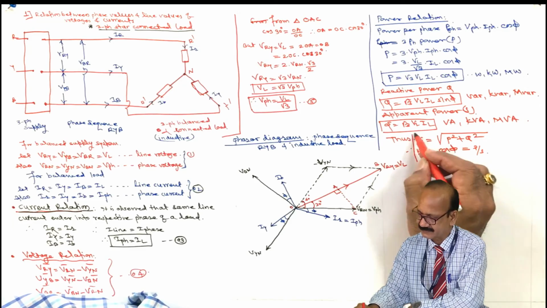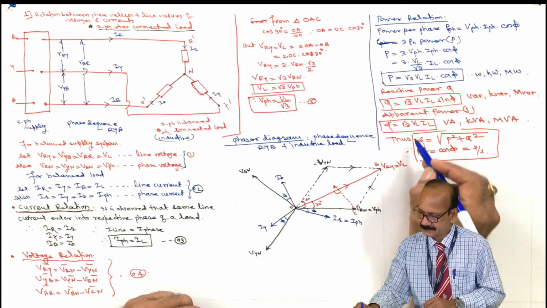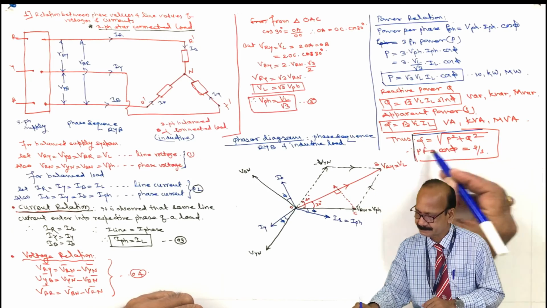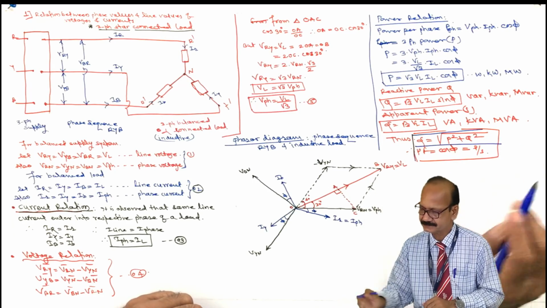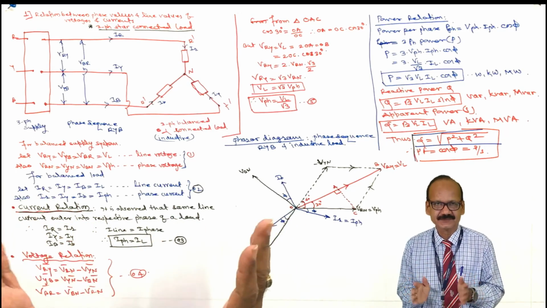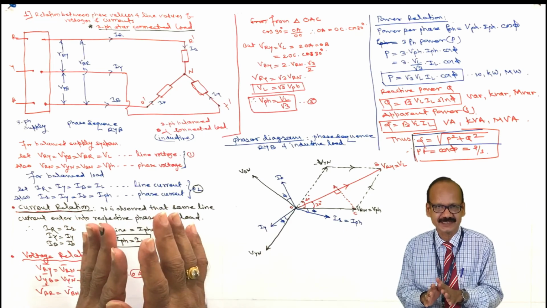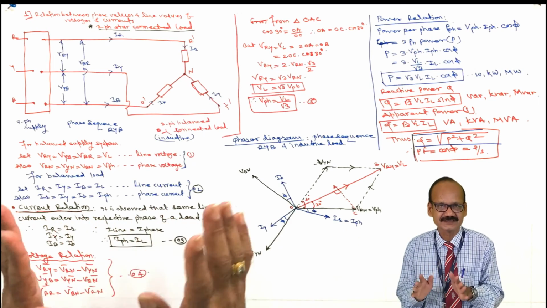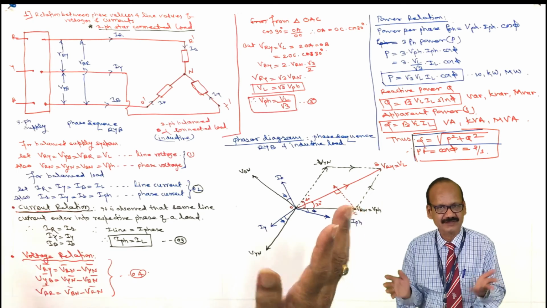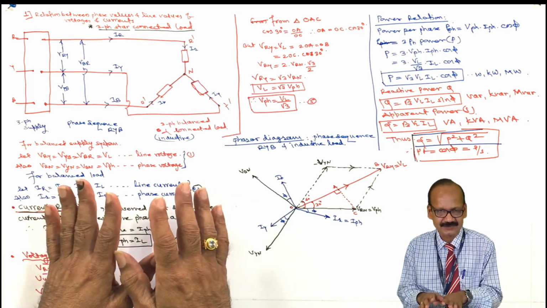So in this way we have obtained these relations. So in this way we have obtained the current relation, voltage relation and power relations. So in case of star connected load, 3-phase balanced star connected inductive load or leading capacitive load, here we have considered the inductive load.